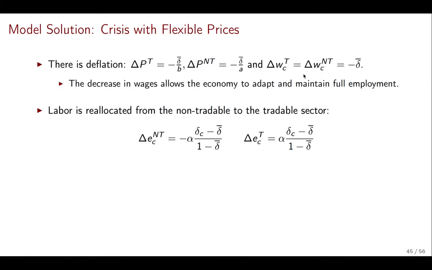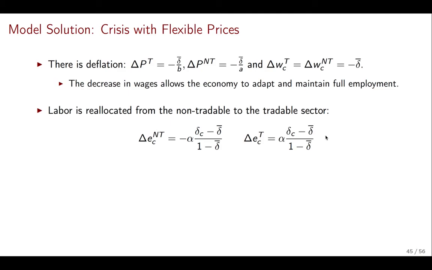Now, because of these decreases in prices, there is going to be a reallocation from the non-tradable to the tradable sector for those counties that are hardest hit. So if delta C is larger than average, then the employment in the non-tradable sector is going to decrease. And the employment in the tradable sector is going to increase by the same amount, absorbing that additional employment.